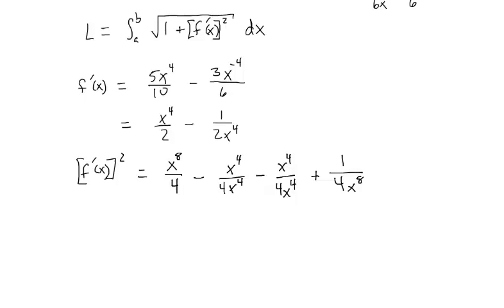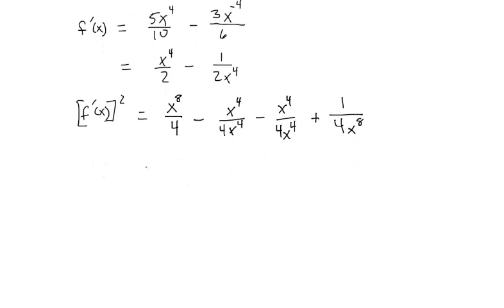And now when we simplify this, we get x to the eighth over 4. And now for both of our center terms, we have x to the 4 over x to the 4. So we're just going to be left with 1/4. So we have minus 1/2 plus 1 over 4x to the eighth.